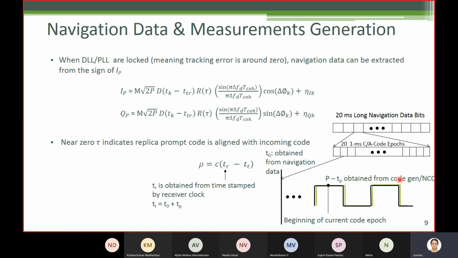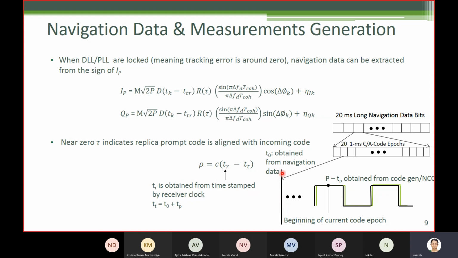That information we can derive from the code generator. So this way, with the help of the code generator and the NCO, we can find this time. And TP is that time, the time that has elapsed since the beginning of the current code period or current code epoch.